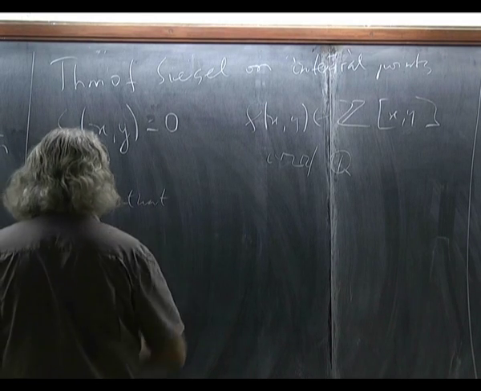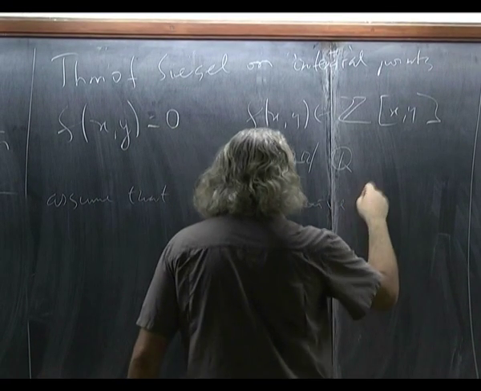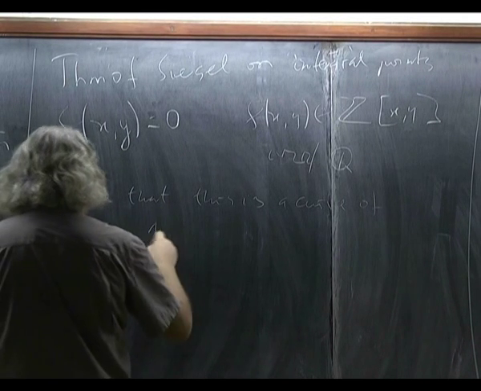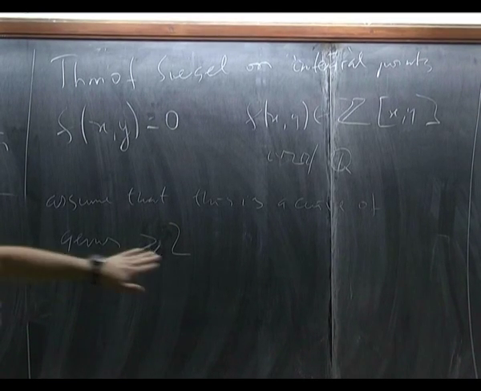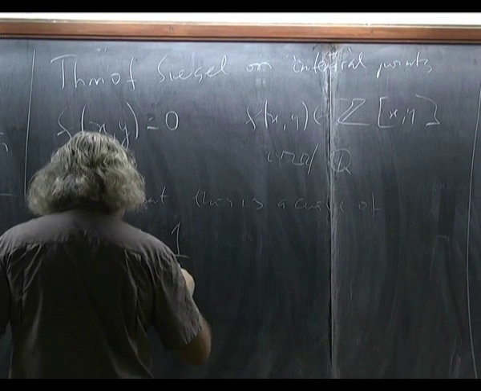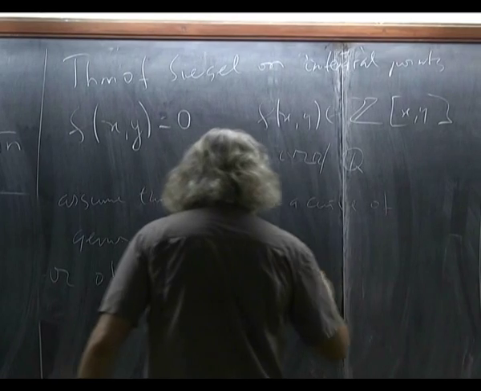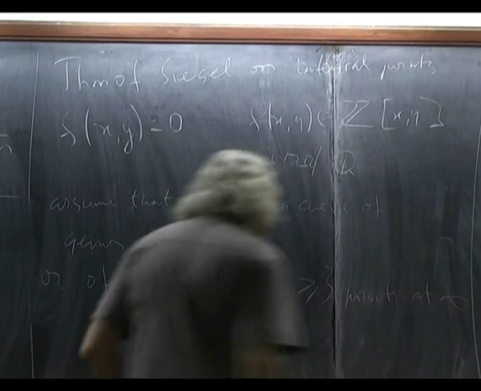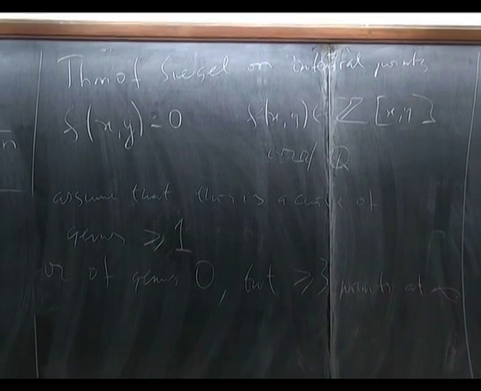Assume that this is a curve of genus greater or equal to 1, or of genus 0 but with at least 3 points at infinity. So we projectivize this curve, we obtain certain points at infinity, and assume that there are at least 3.